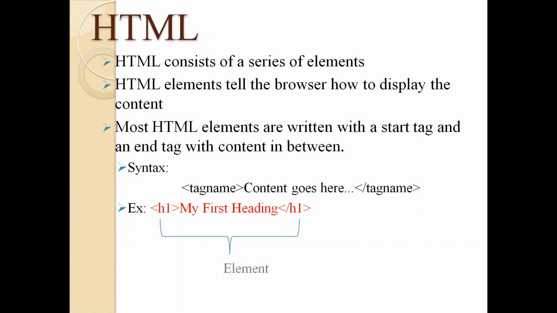Let us see these things, not only two things, the combination of three things, that is the start tag, the end tag, and the content in between the start and end tag is called an element.